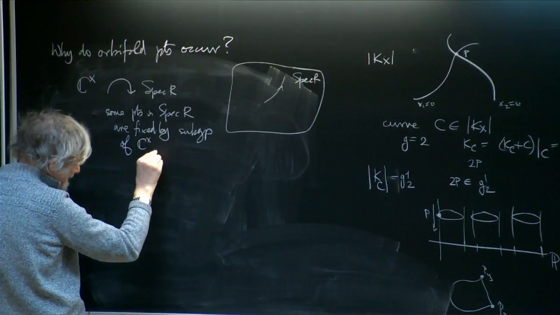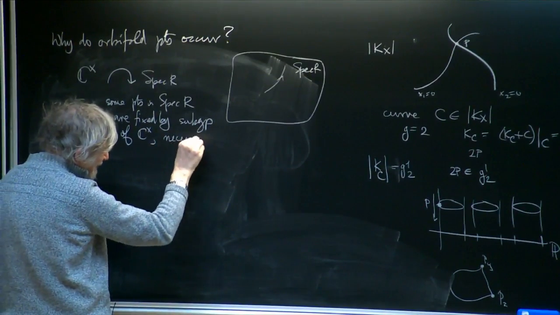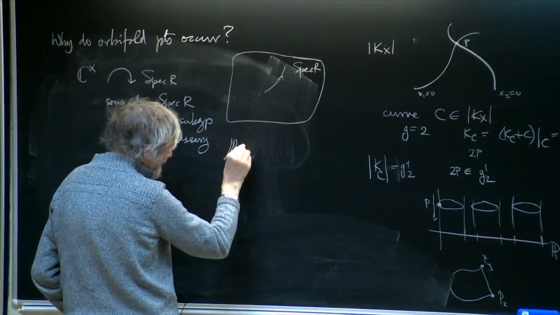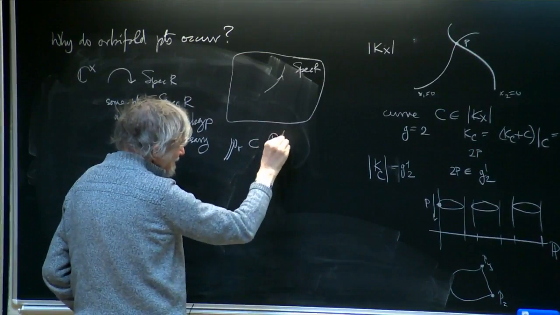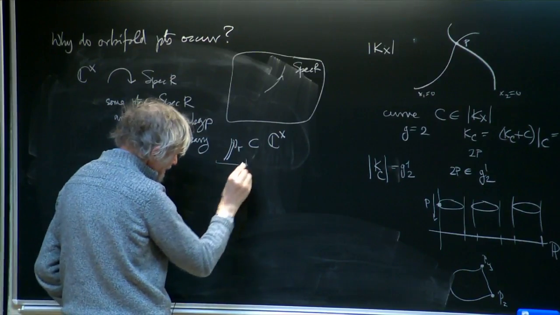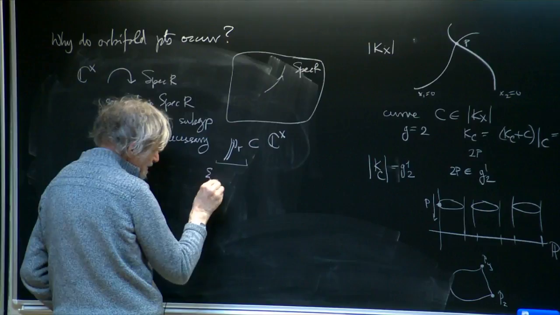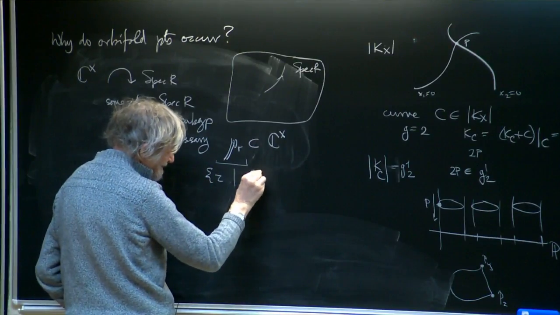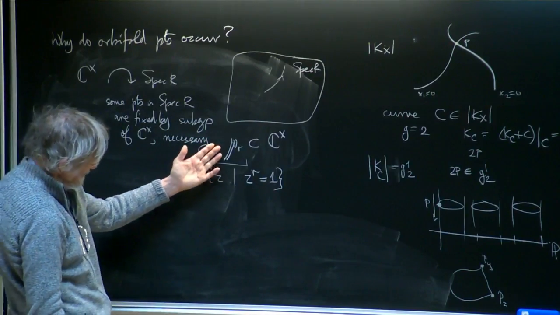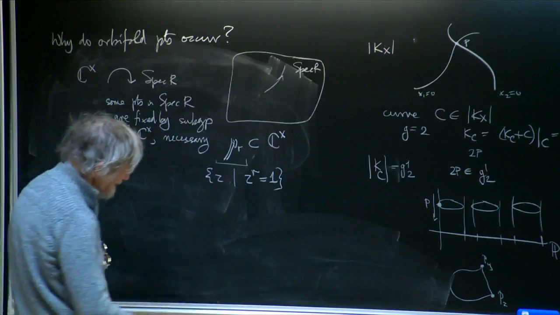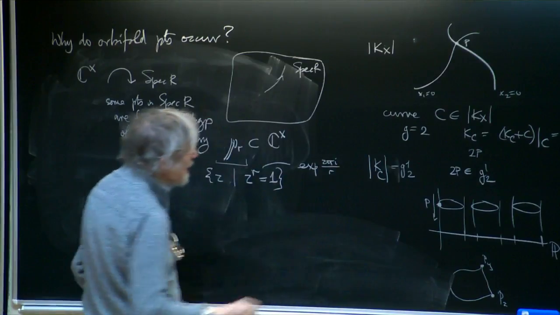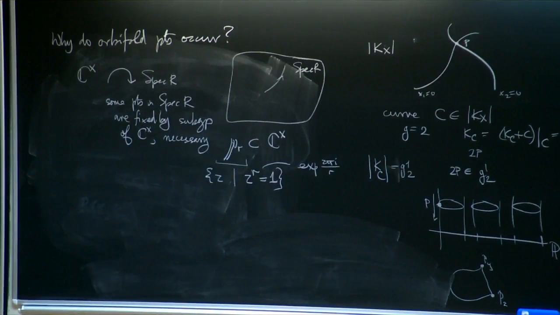And this is necessarily some mu_r inside C star. Yes? So this is a group of r-th roots of unity in C. It's a group scheme if you want, but it's also just the finite cyclic group generated by exp(2 pi i over r). Yes?